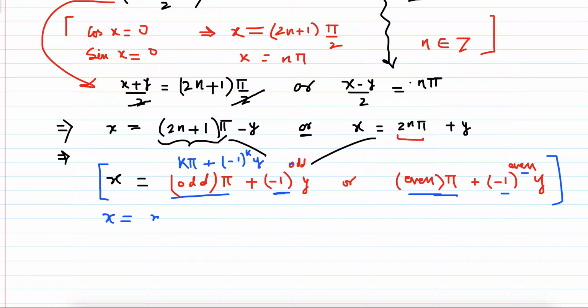Here, if k is an odd number, then we will get this, or if k is even, we get the other. So we can generalize this now: n pi plus minus 1 to the power ny.